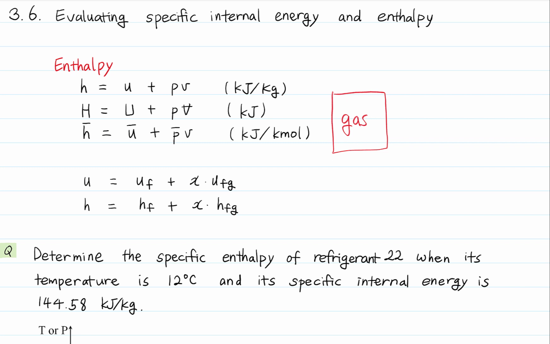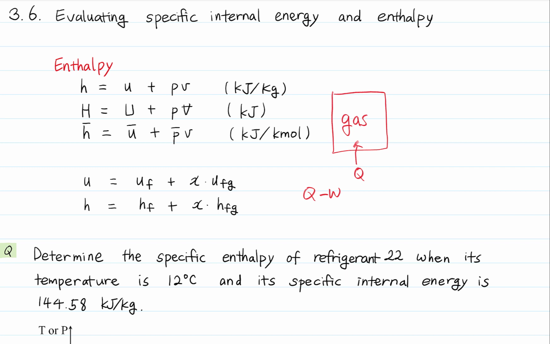The rigid system indicates there is no change in volume, and heat is transferred to the system. Take the energy balance for the system.